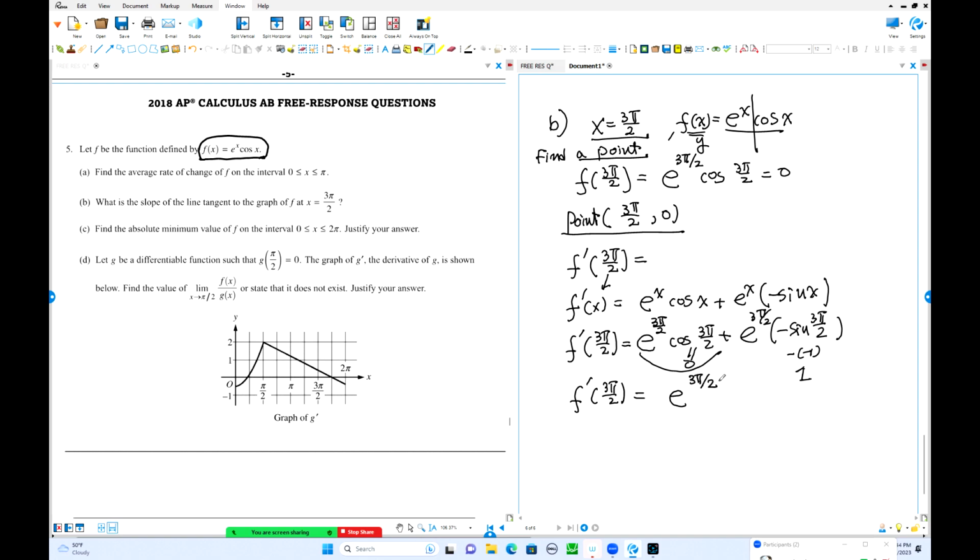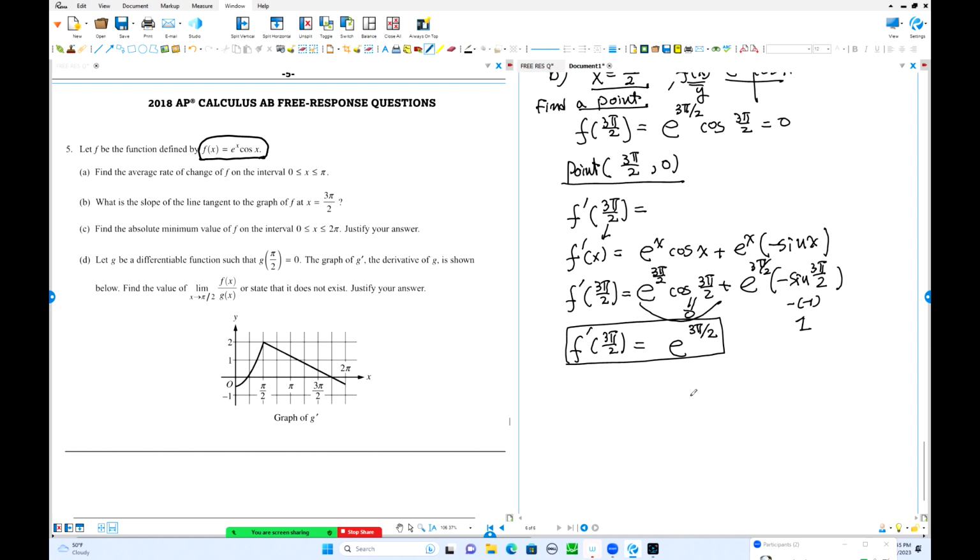That's the slope. Now we have the slope and point already. What's the equation of the tangent line? Oh, we don't need to find the tangent line, just the slope, right? Yes, e to the 3 pi over 2 is the slope.